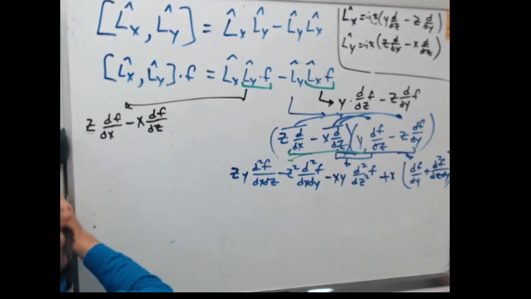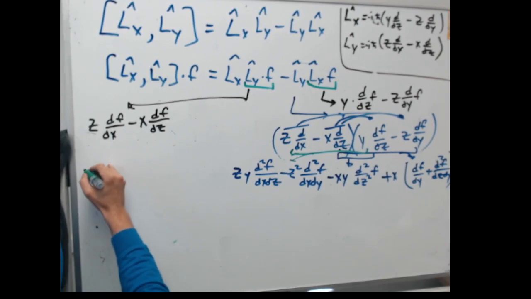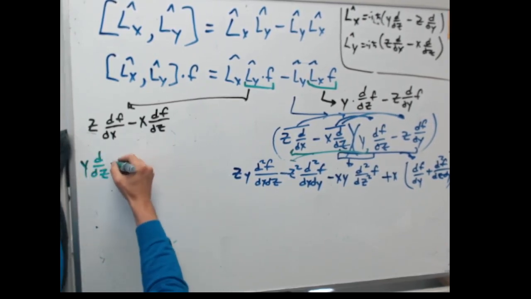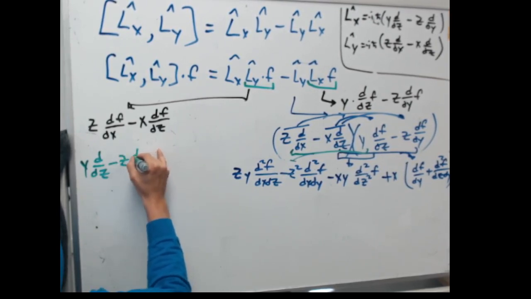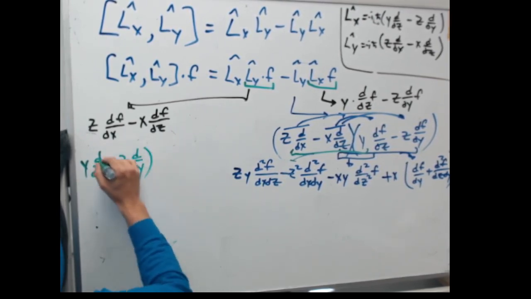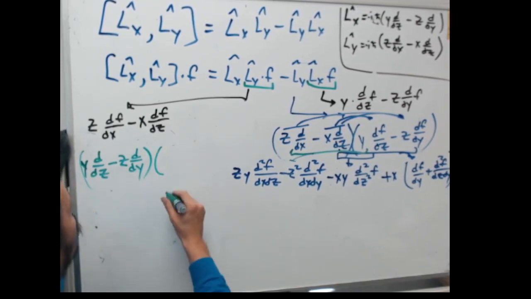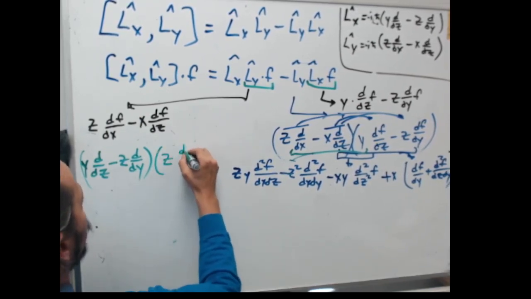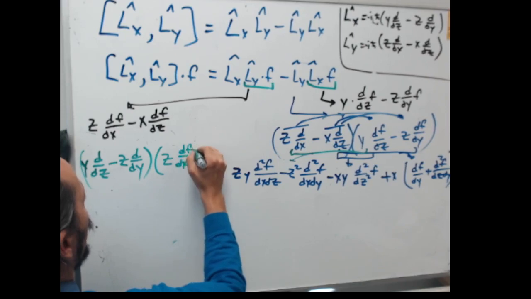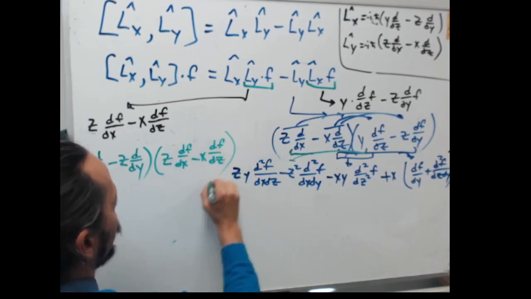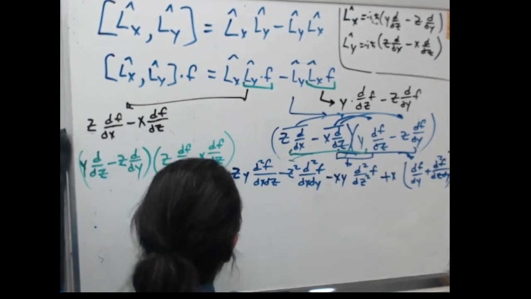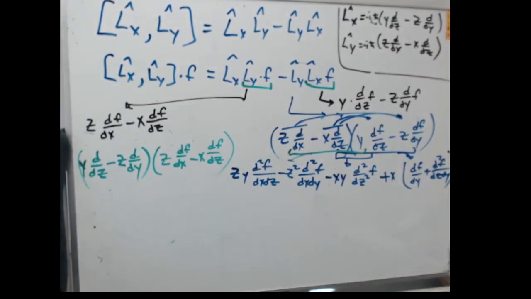Now I have to do Lx on that, so that's going to be y d dz minus z d dy on z d dx of f minus x d dz of f. Wow. Okay. Same thing. I'm expecting you to get a lot of terms.